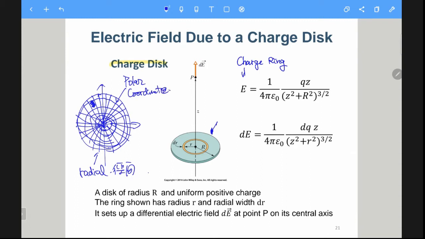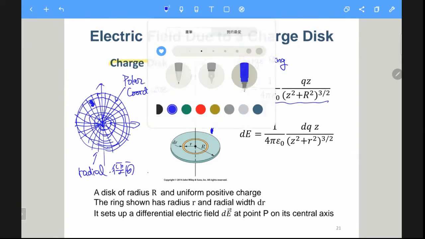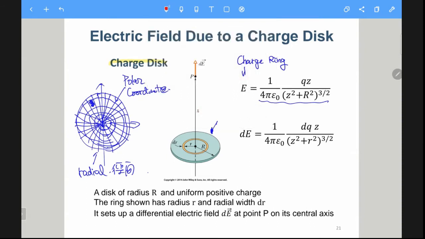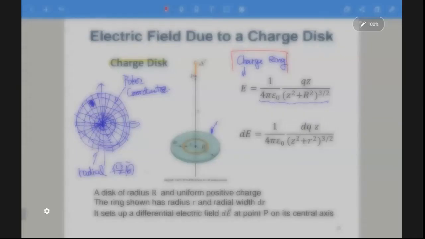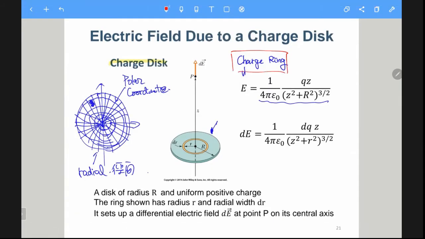So we can integrate over the r-axis and theta axis. And yeah, which is something like this one. But as we have already considered the charge ring, we have already considered the case integrating over this direction.